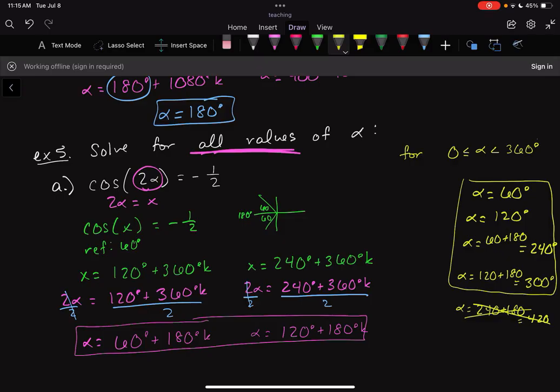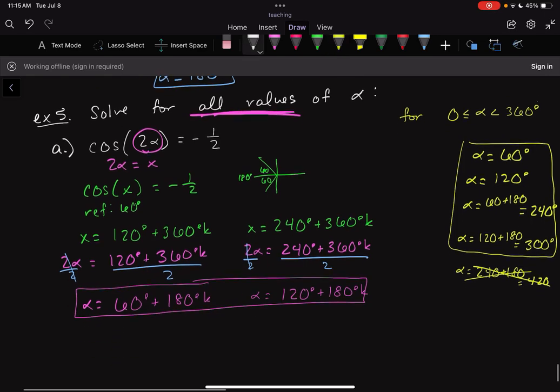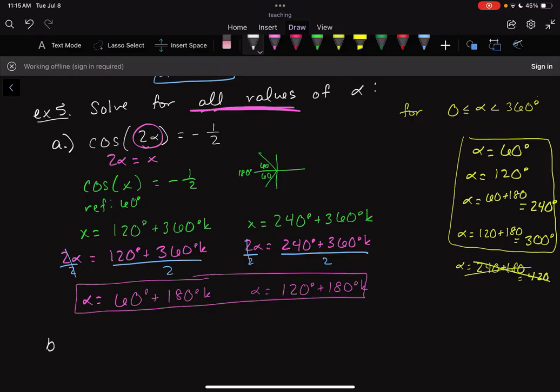Now I realize that I haven't done any tangent ones or anything yet. So let me just go ahead and run through a tangent one just so you can see it. So let's do one where you have to solve a little bit actually. Let's see. I gotta make something up.